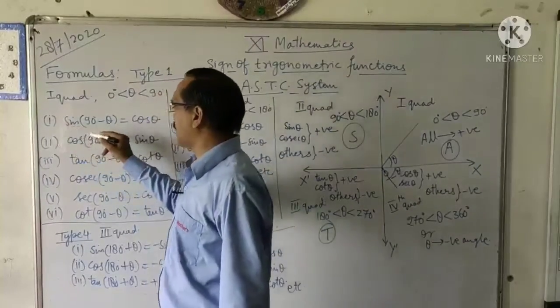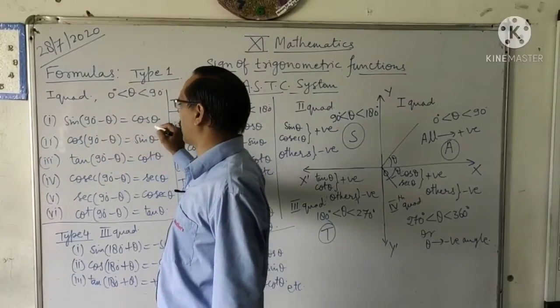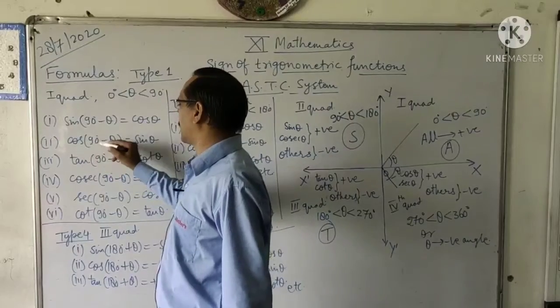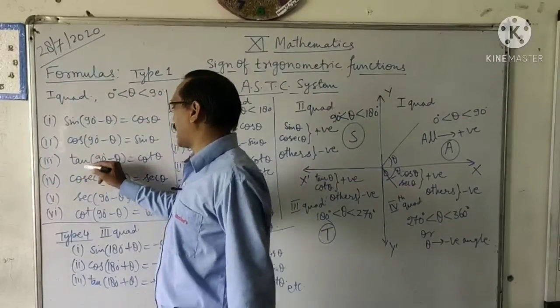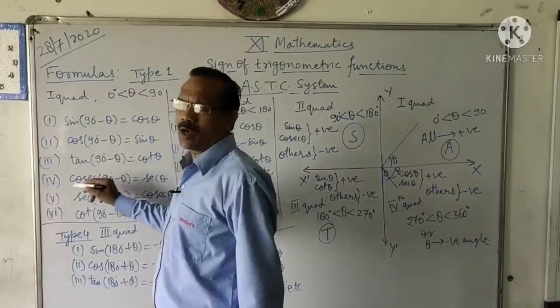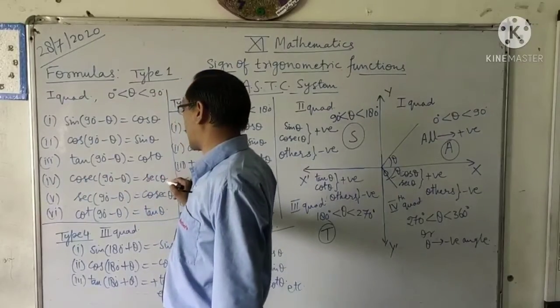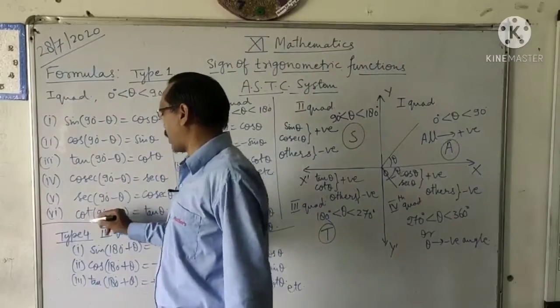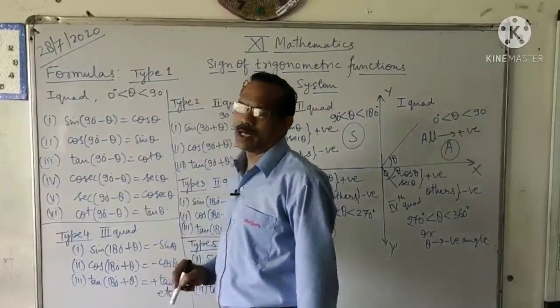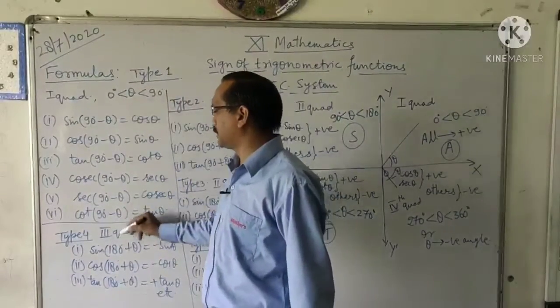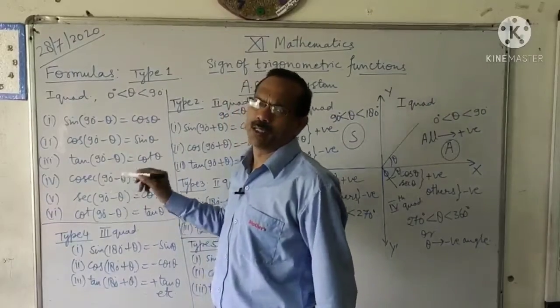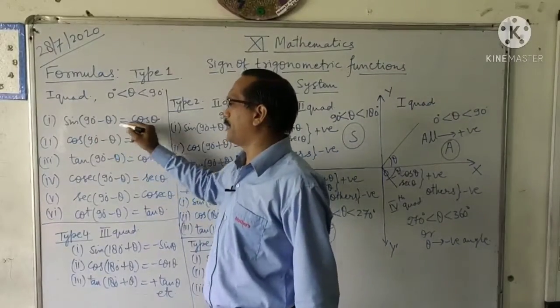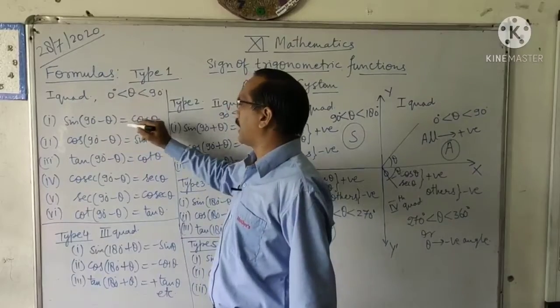Formula number 1: sin(90 minus theta) equals cos theta. Cos(90 minus theta) equals sin theta. Tan(90 minus theta) equals cot theta. Cosec(90 minus theta) equals sec theta. Sec(90 minus theta) equals cosec theta. And cot(90 minus theta) equals tan theta. Students, you have also learned this formula in 10th standard. That is called complementary angles.